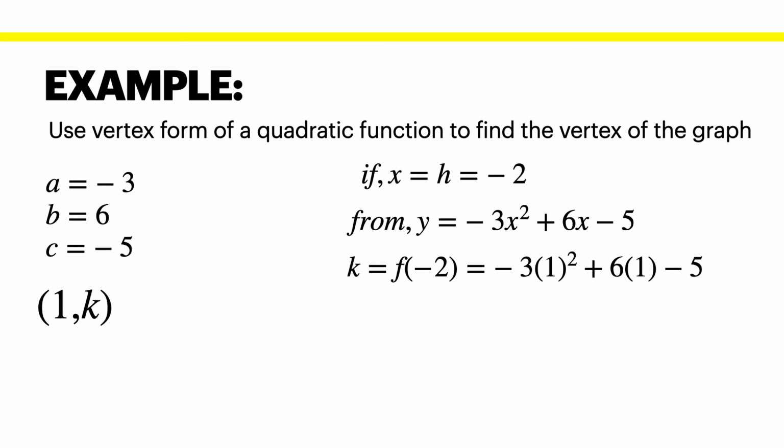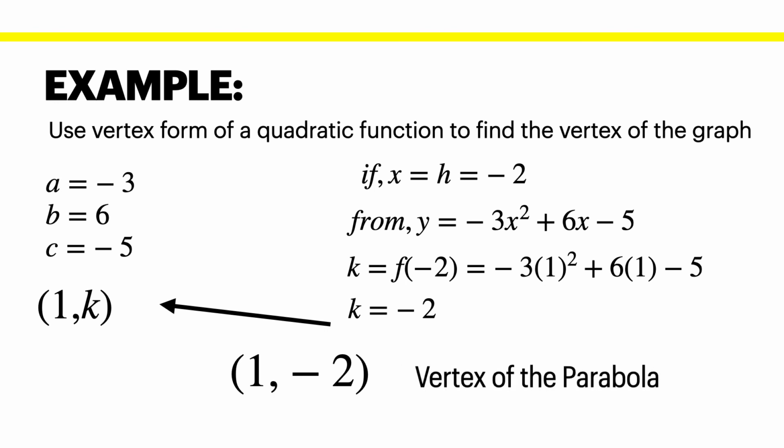It's equal to -3 times 1 squared plus 6 times 1 minus 5. So our k will be -2, and our point for the vertex will be 1 and -2. That will be our point.